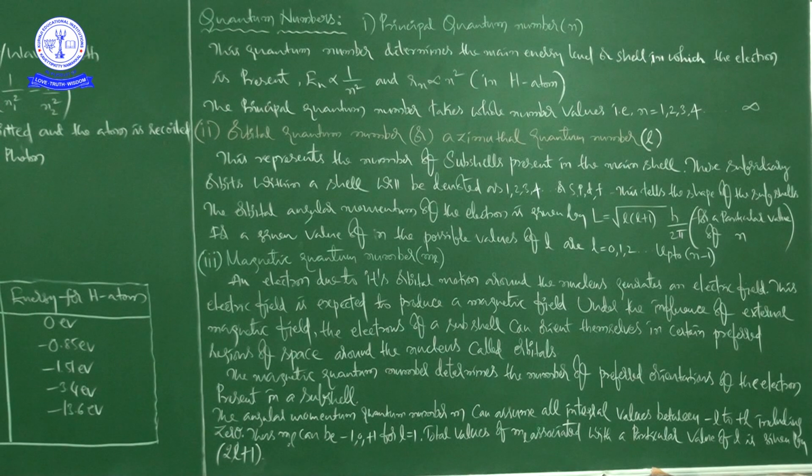Here we can write it as En, the main energy level. En is directly proportional to 1 by n square, where n is the principal quantum number, and you can also write Rn is directly proportional to n square.